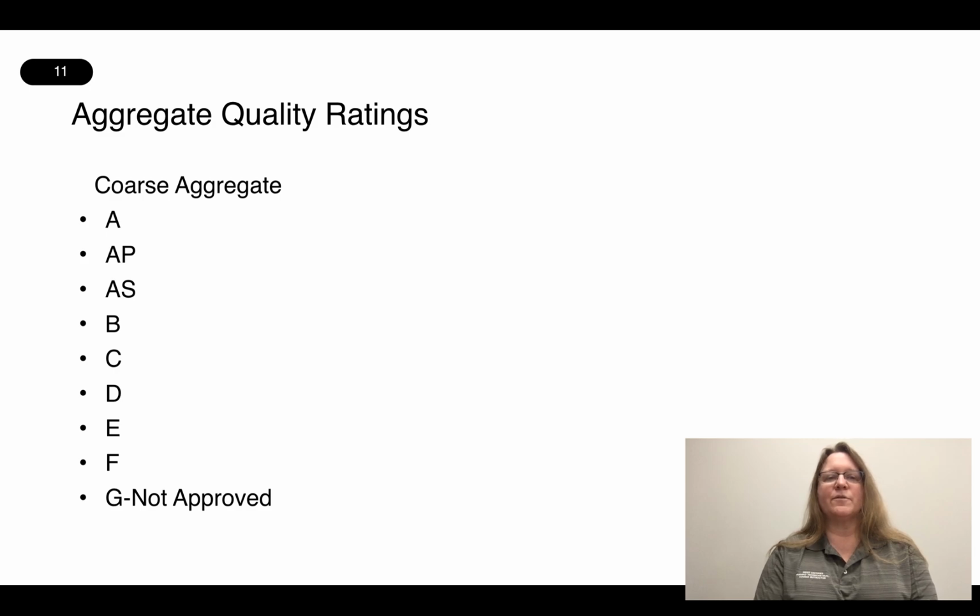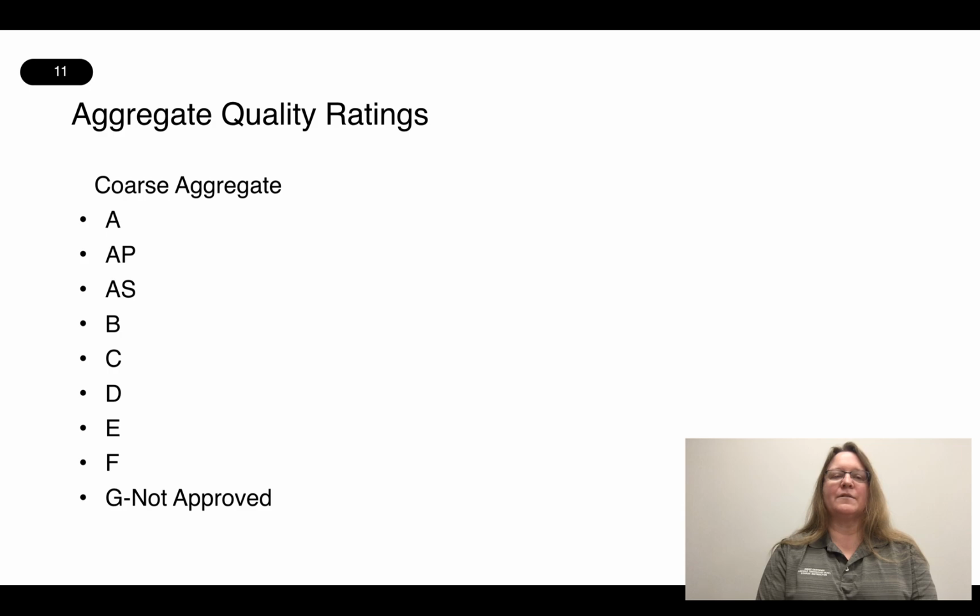So these are the quality ratings for coarse aggregate. Basically you have A through G, which on this graphic, class AP should arguably be higher than A because it has that extra requirement, right, for concrete.